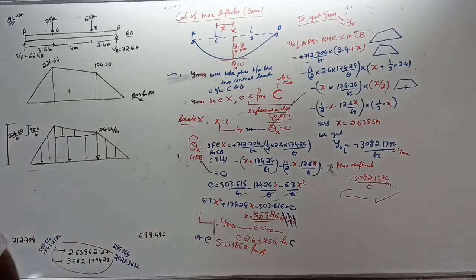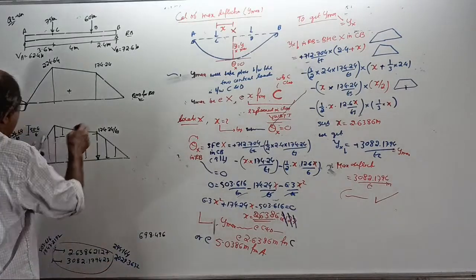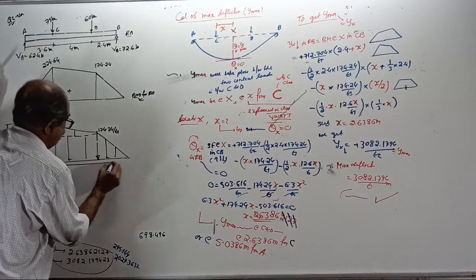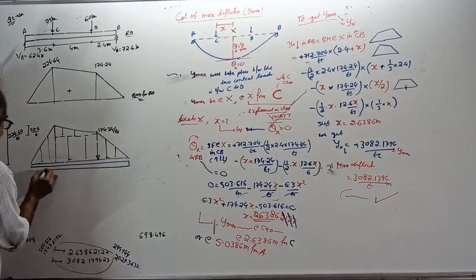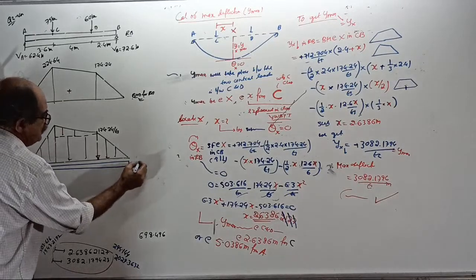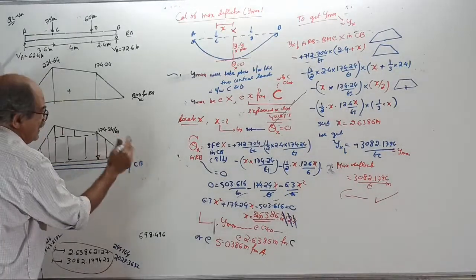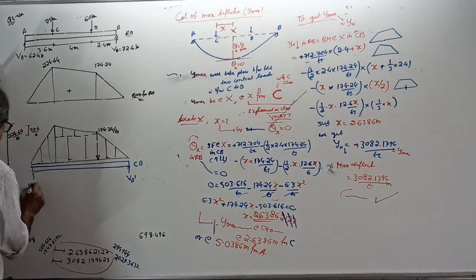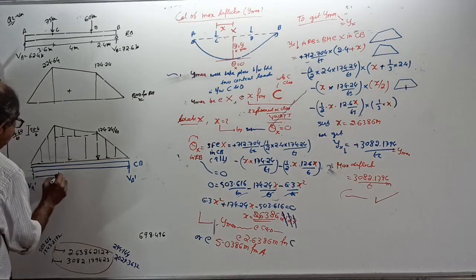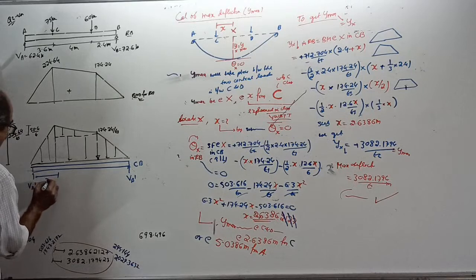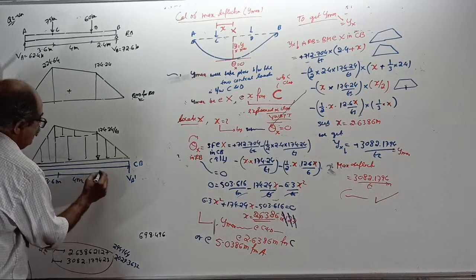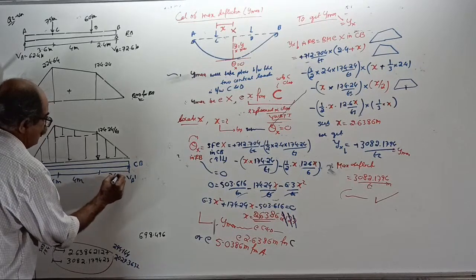Last time it came this way, now the opposite. Now write the conjugate beam. This is the conjugate beam. You write here the BM by EI diagram, all. This is VB dash, this is VA dash. Distances are, out of scale, 3.6 meter, 4 meter, and 2.4 meter.